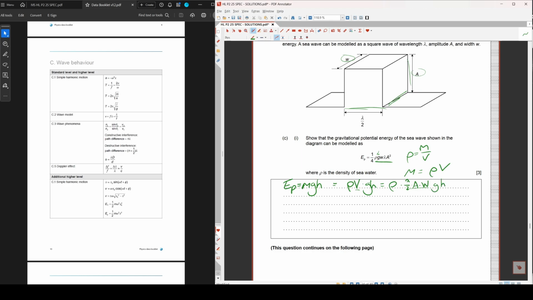I'm getting kind of close, I think. I just am missing a little bit. And the thing I notice is there's no h in here. So what height am I talking about? This is a little tricky, but all of your mass is spread out throughout this whole little square wavy thing. So all of the mass is not at any one given height.